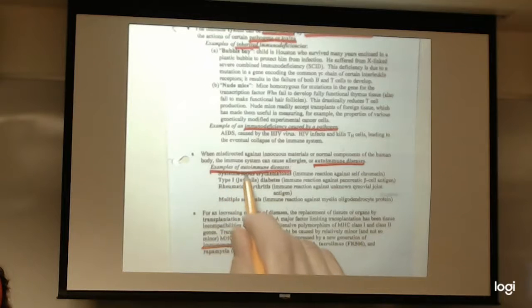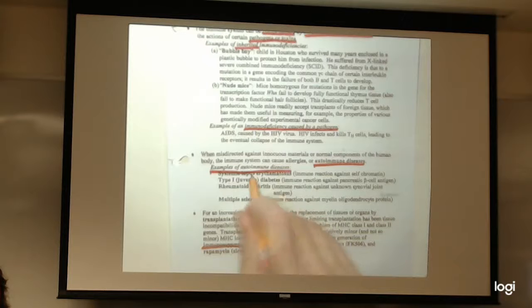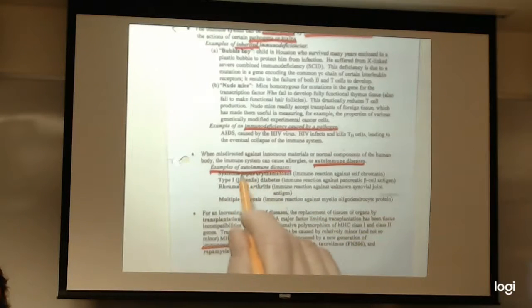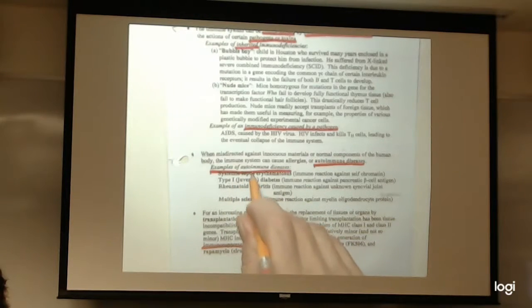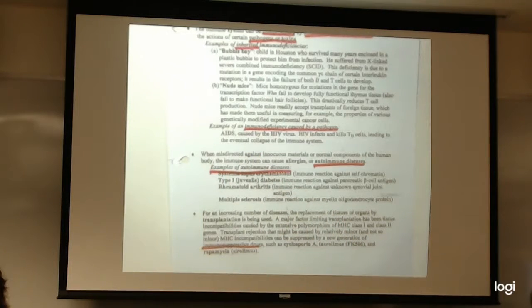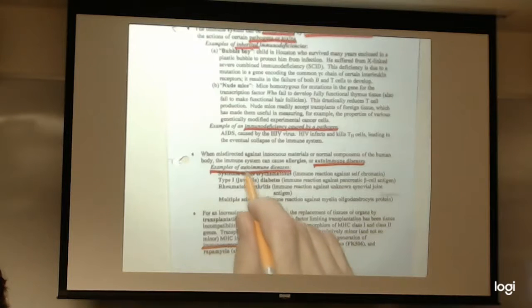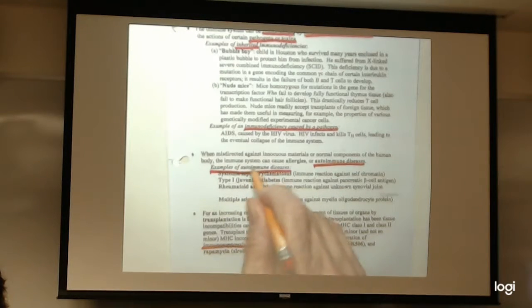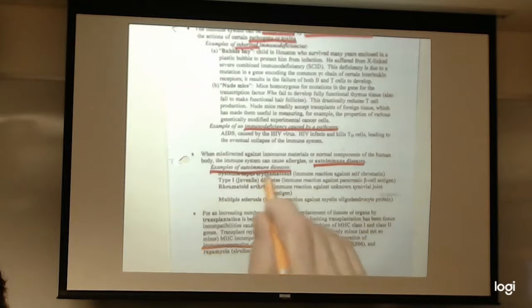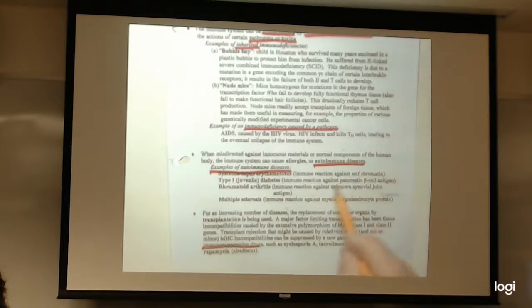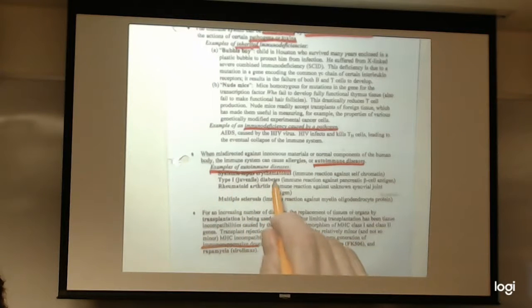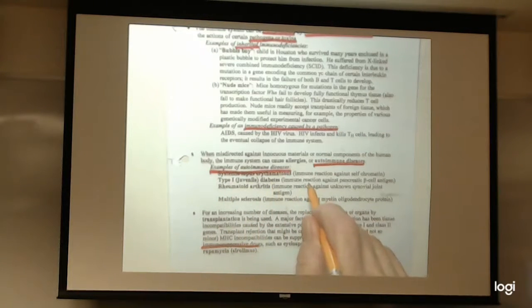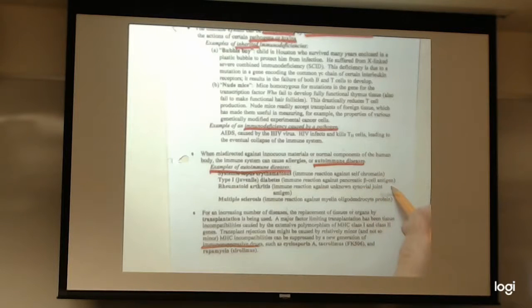Lupus is genetically, well, serious talk. Anyway, in lupus, your body starts making antibodies against your own DNA, your own proteins. That's ultimately usually fatal. Type 1 diabetes is the loss of the pancreatic beta cells that make insulin.